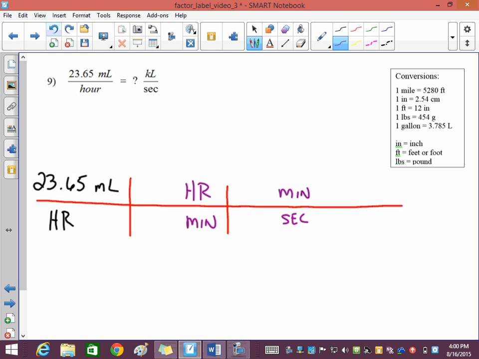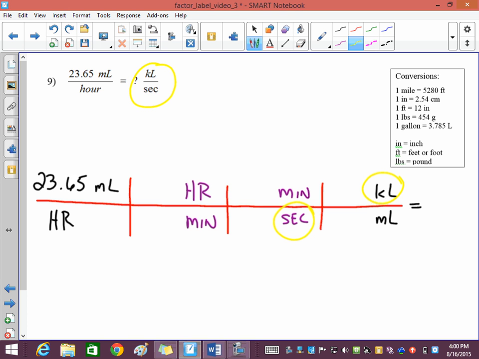And then we'll go from milliliters to kiloliters, however you want to say that. I don't care. So milliliters again, we have to move diagonally. So that goes down below. So milliliter, and it is a metric to metric, so you can put kilo on top. And we have our units that we're looking for. So we have our kiloliter per second, which is what we're looking for.